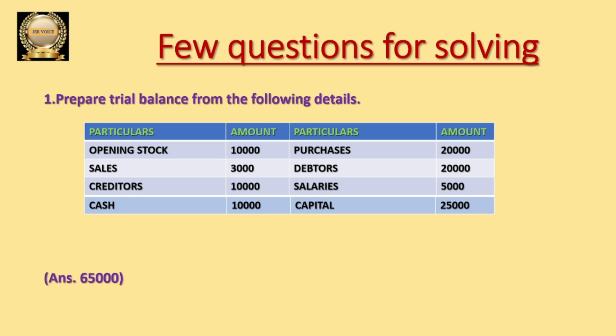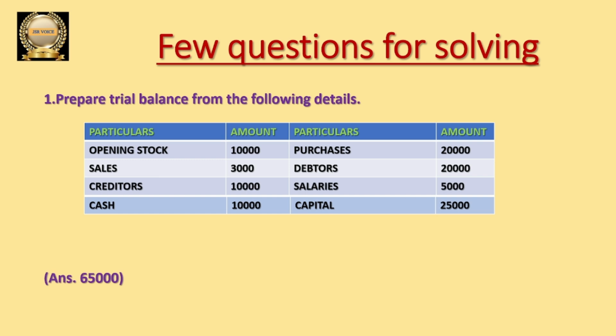Here I mentioned a few questions to solve. So you can solve these questions and see whether you will get the answers or not. If you get the answer, you can mention it in the comment section. If any doubts are there, you can mention them in the comment section.